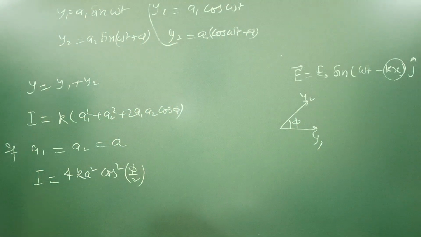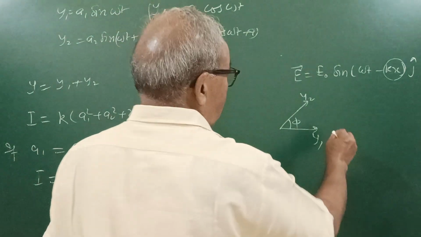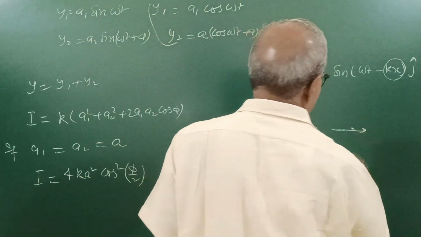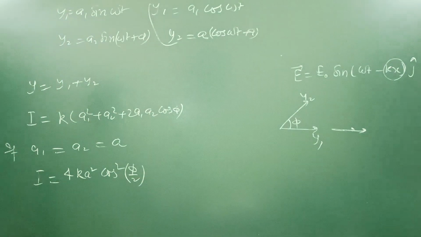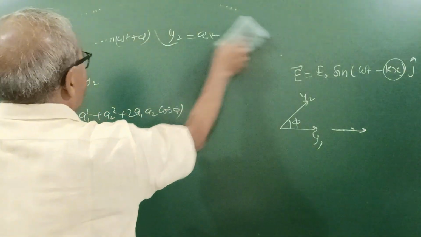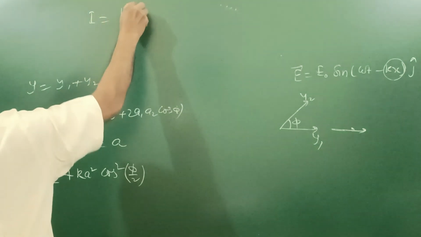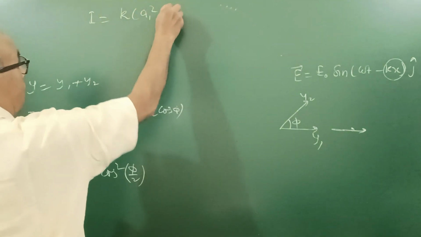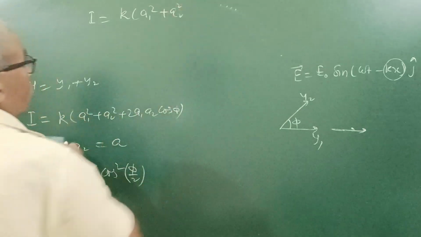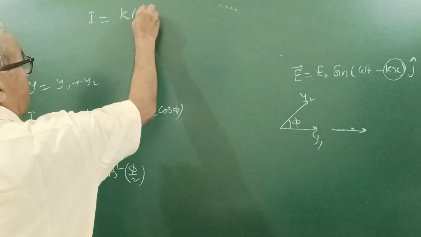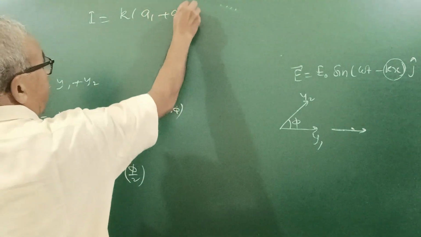Now if the two waves meet in the same phase, that means y1 this way and y2 this way, then the intensity will be maximum, and that maximum intensity is I equal to k bracket a1 plus a2 whole square.